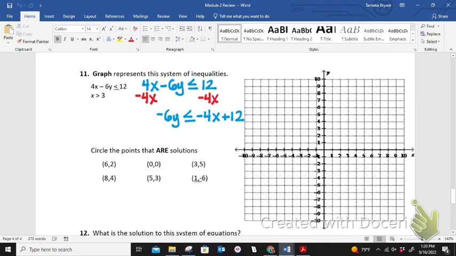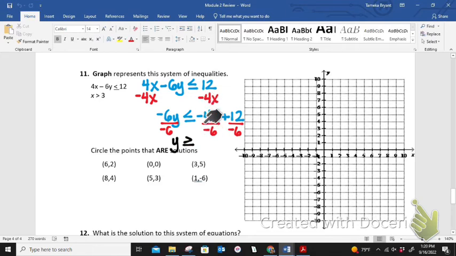So now we're ready to get rid of the -6. So we're going to divide every single thing by -6. And when you divide by a negative, what happens to the inequality? This is where we have to flip it. So that becomes y is greater than or equal to.